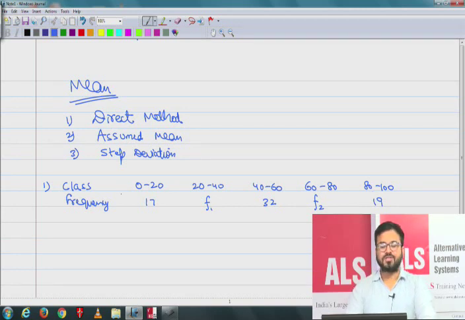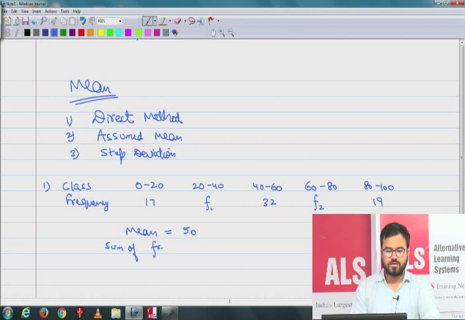Okay, so the class interval is given: 0 to 20, 20 to 40, 40 to 60, 60 to 80, and then 80 to 100. Frequencies are given: 17, and you can see F1 and F2, these are the missing frequencies. The mean of the following data is given as 50, and the sum of frequencies is 120.